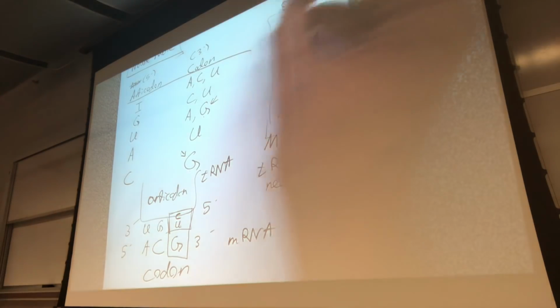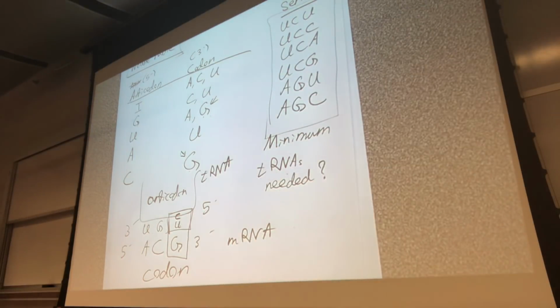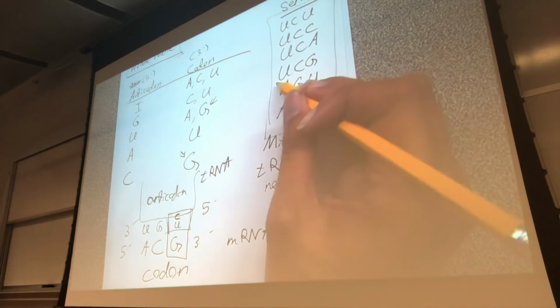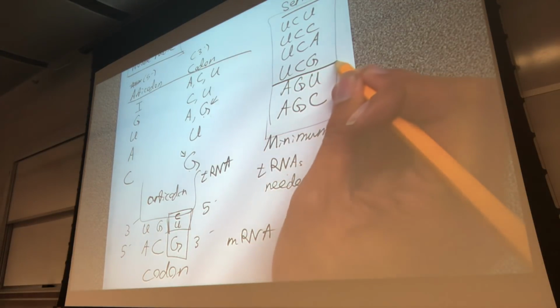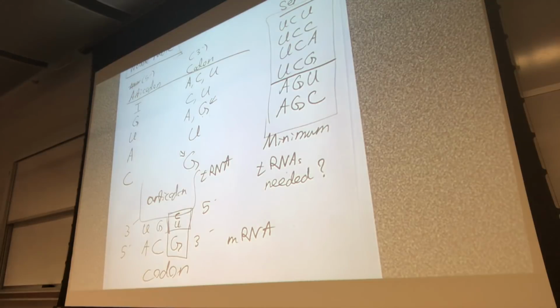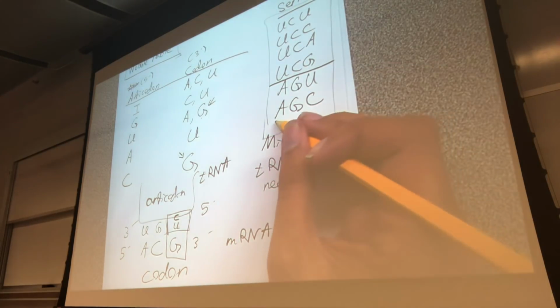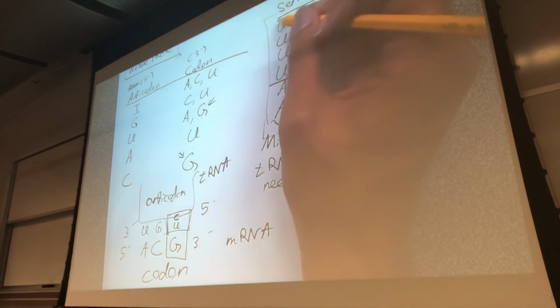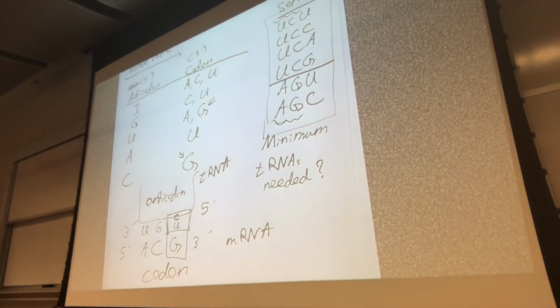So, in other words, when I look at my serine codons, I know there are 2 groups to worry about, which I'm going to draw a line right between them right now. There are 2 groups of codons and serines to worry about. They must have different tRNAs, because when we look at the first 2 bases between them, they're different from each other. So on tRNA, that's the canonical base pairing spot.